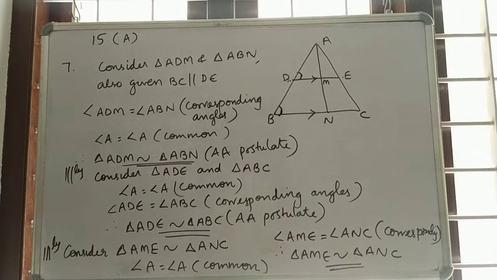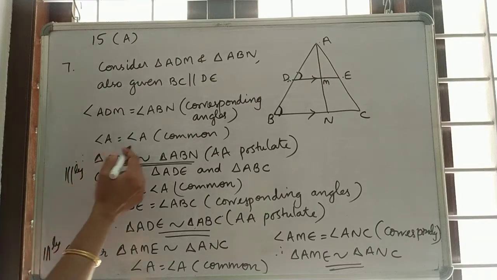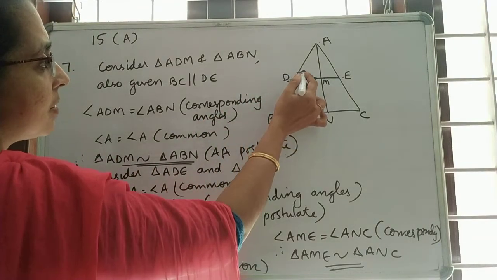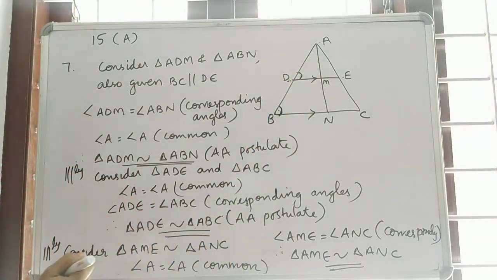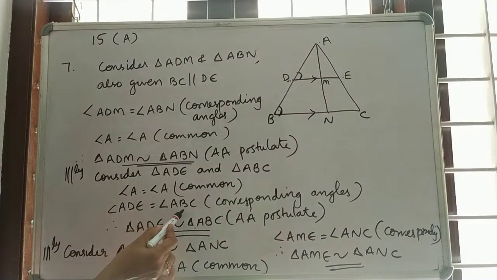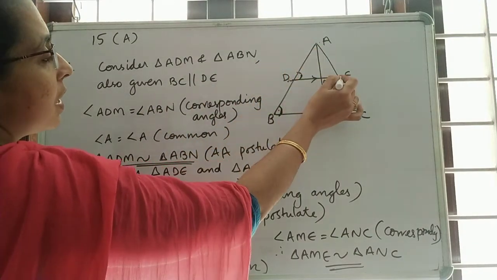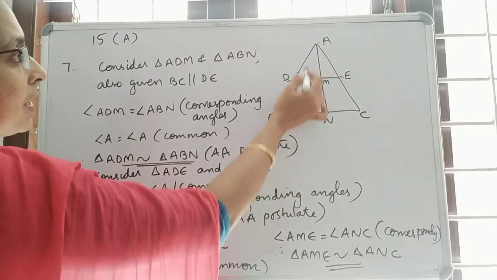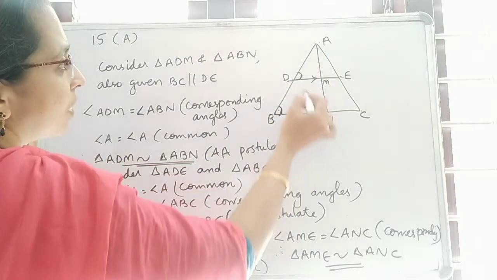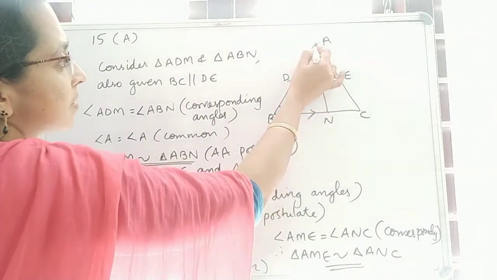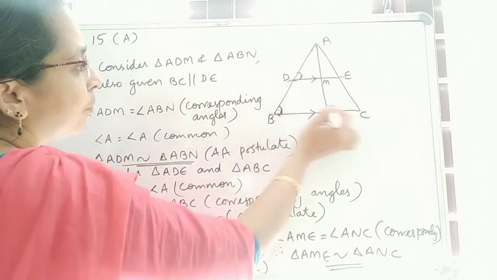So angle A is equal to angle A. Angle ADE and angle ABC: we discussed in the first part that these two angles are equal since they are corresponding angles. So we can write angle ADE is equal to angle ABC, corresponding angles. So we can say that triangle ADE is similar to triangle ABC. So first we considered the small triangles, then the big triangle.